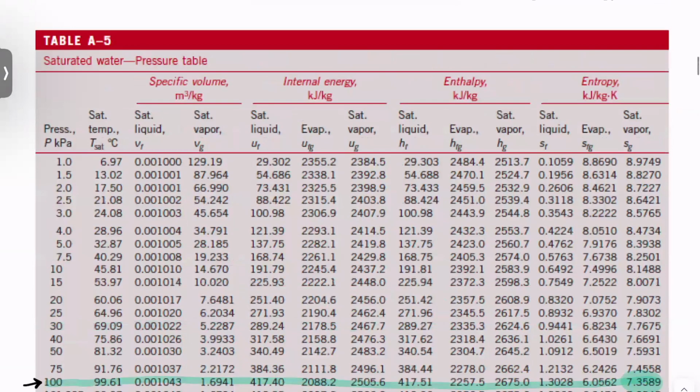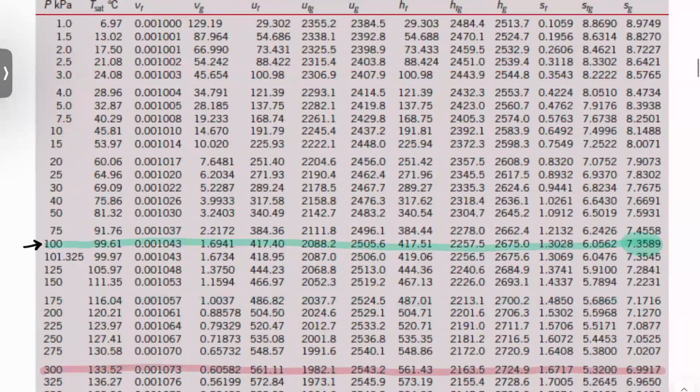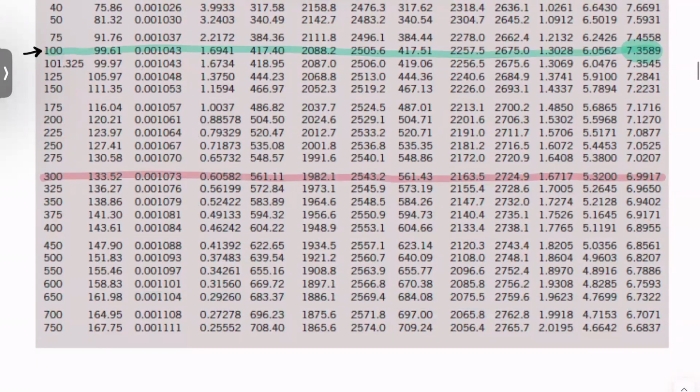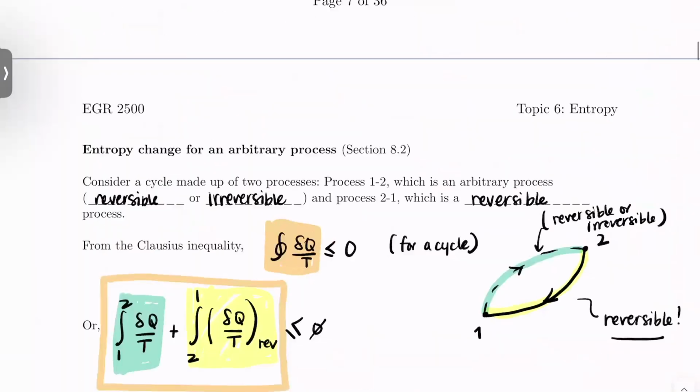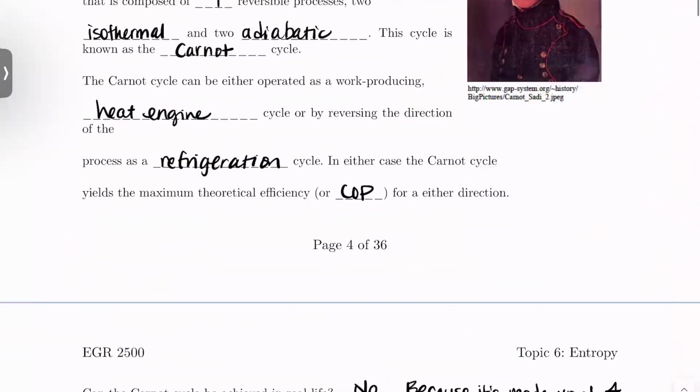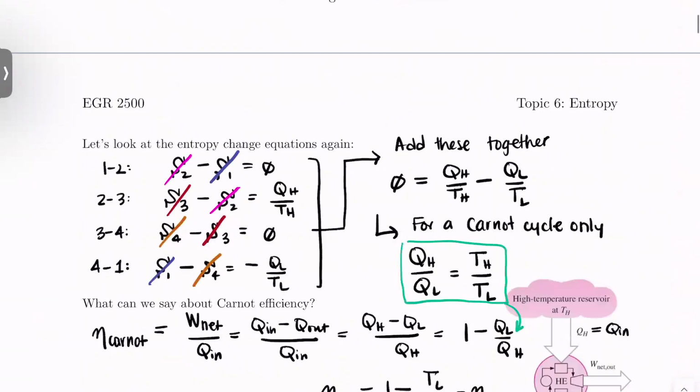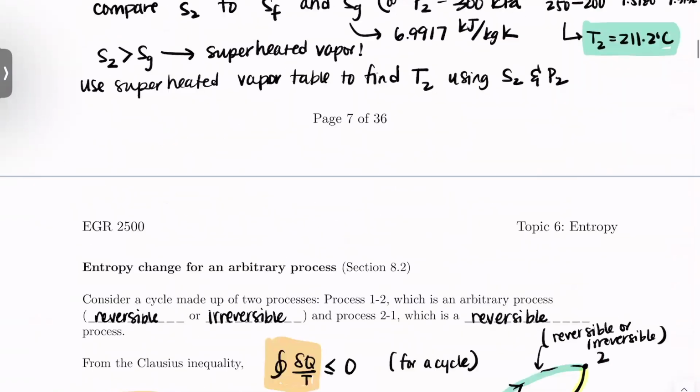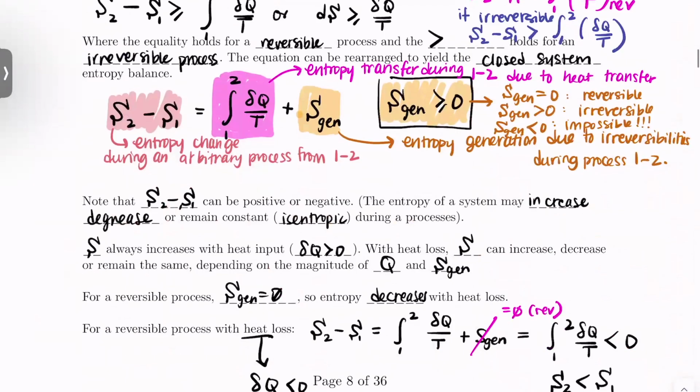I am going to go, the temperature table should be in here somewhere. Is it not? I could have sworn I put this in here. Hang on. Please hold.